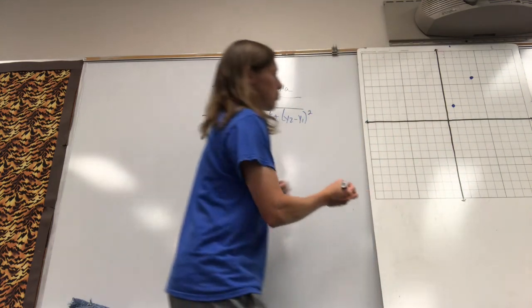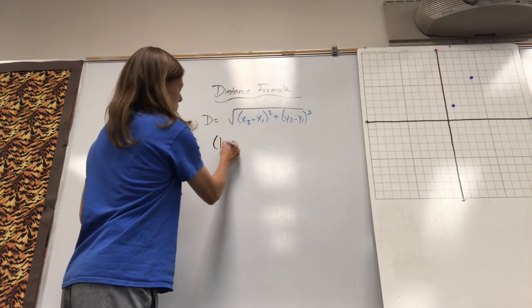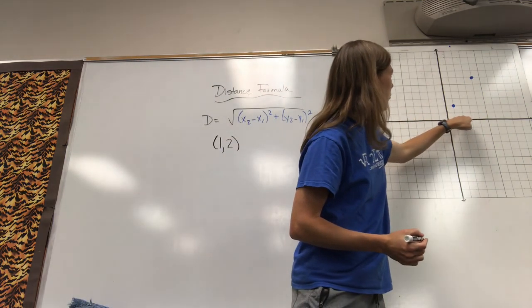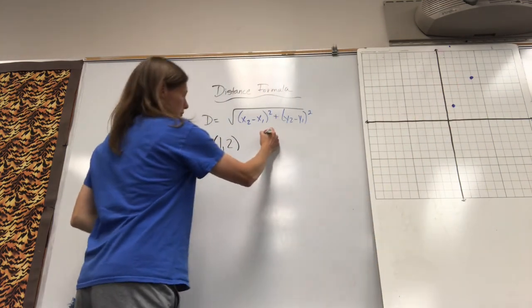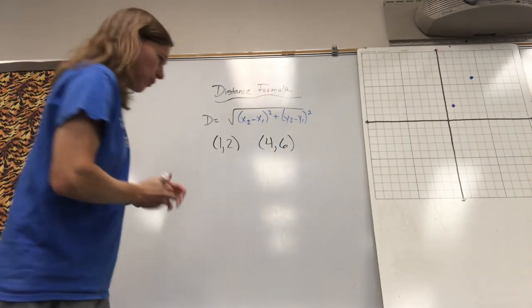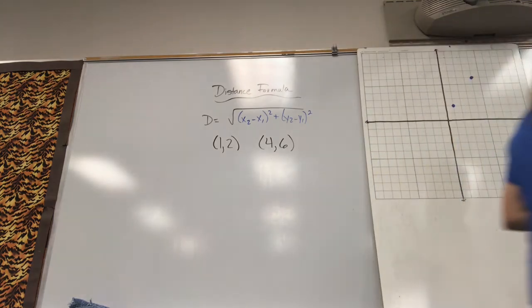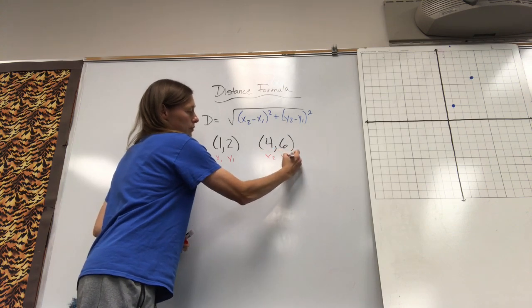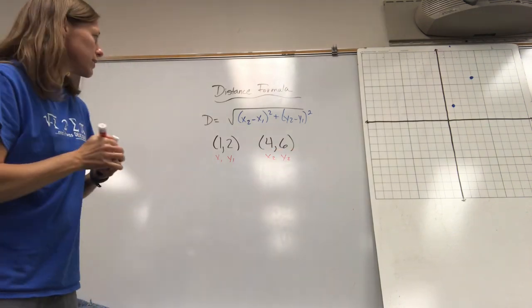Okay, and these 2 points are 1, 2, and 4, 6. Okay, and so I'm just going to use those points as this is my x1, y1, x2, y2. Okay, and I'll just plug those right into that formula.